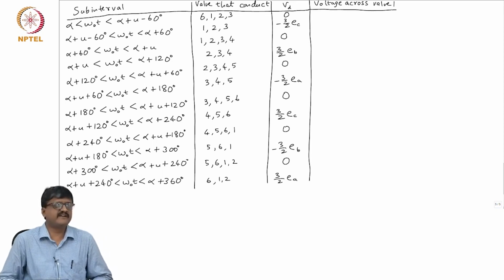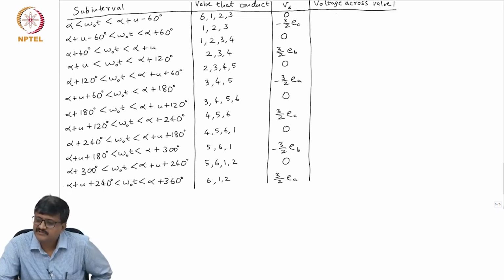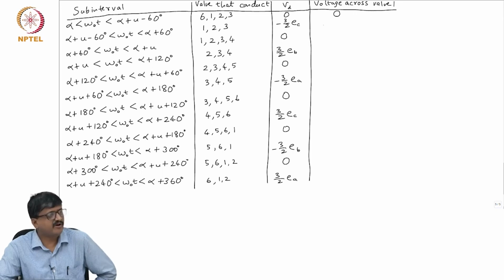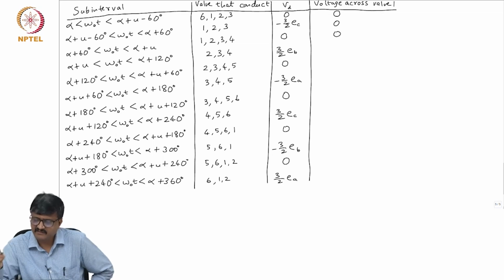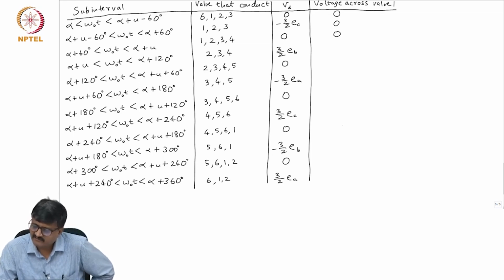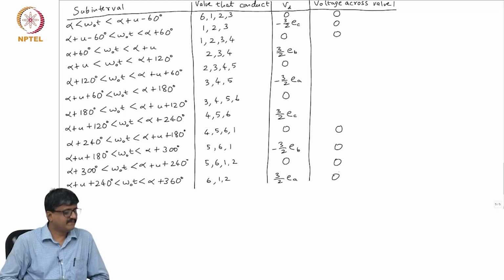Whenever valve 1 is conducting, it is 0. So in the first subinterval, valve 1 is conducting. It's not just the first subinterval, in all the subintervals where valve 1 is conducting, it is 0. Second subinterval, valve 1 is conducting. Third subinterval, valve 1 is conducting. So I will just fill the rows where valve 1 is conducting.